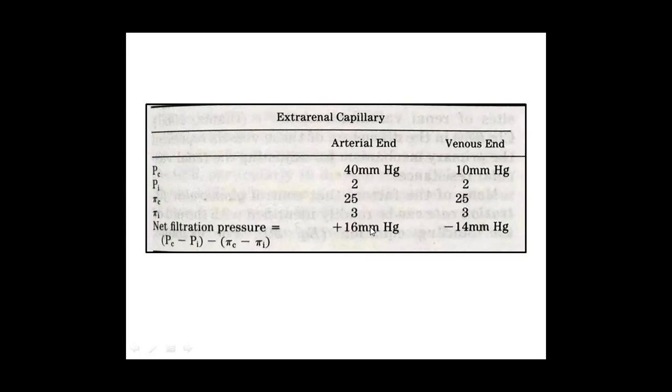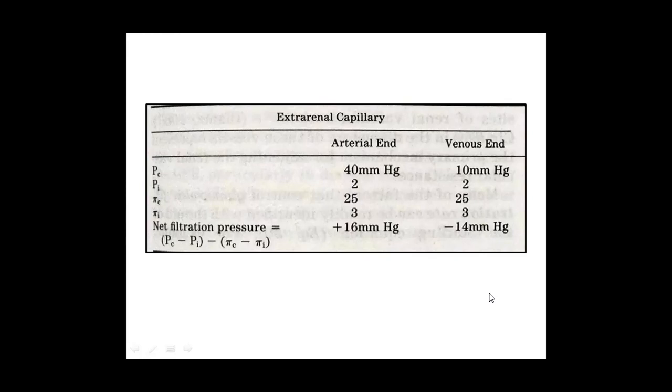It causes oncotic pressure of the tissue fluid, that is around 3 millimeter of mercury. So all these forces are compiled at the arteriolar end and venular end, and if you compile them, you will find it is around plus 16 millimeter of mercury at the arteriolar end, and minus 14 millimeter of mercury at the venular end.